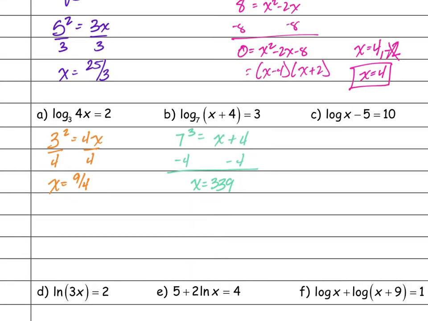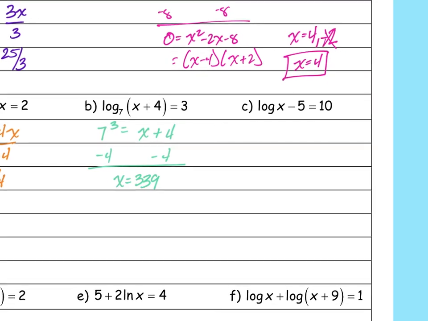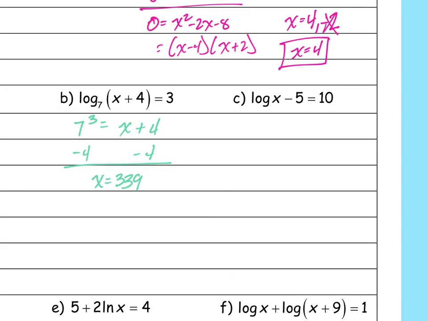Okay. And then on this one, x is not quite all by itself. It's got this -5, so I'm going to add 5 to both sides, and I get log of x equals 15. And remember, if there's no base, it's base 10. So this would be 10 to the 15th power equals x.